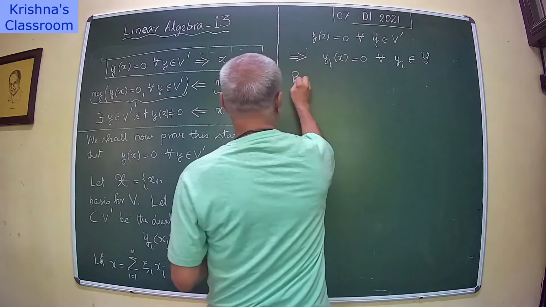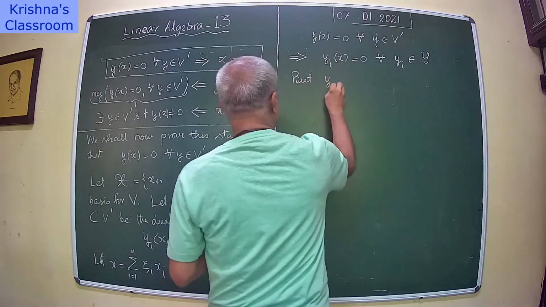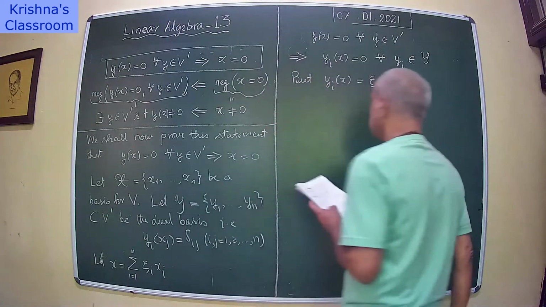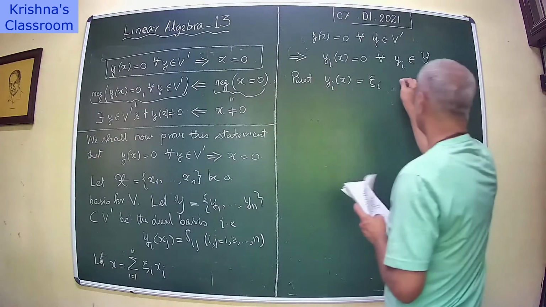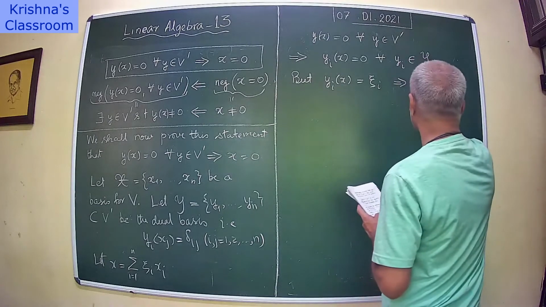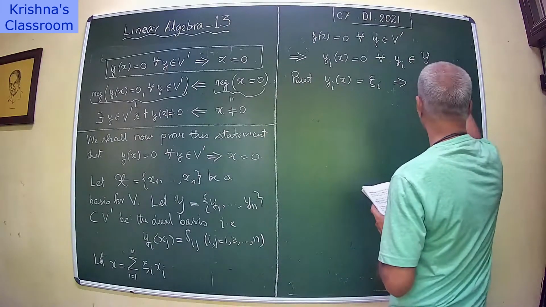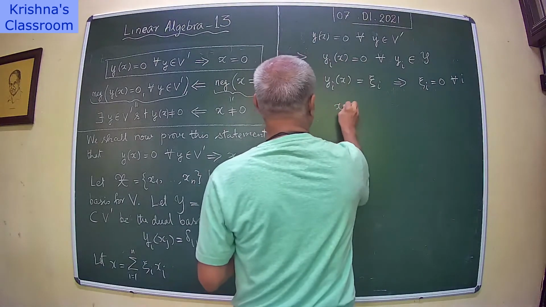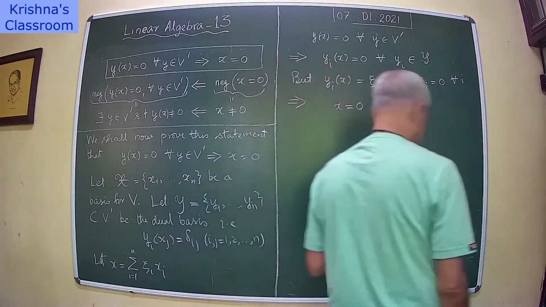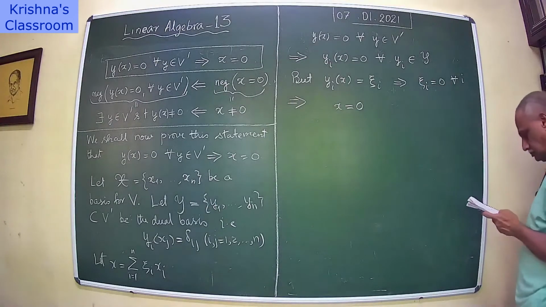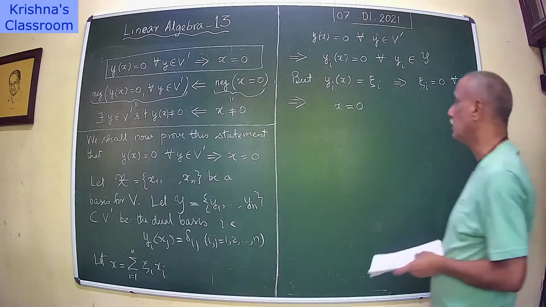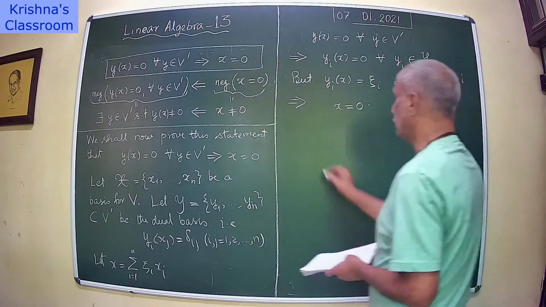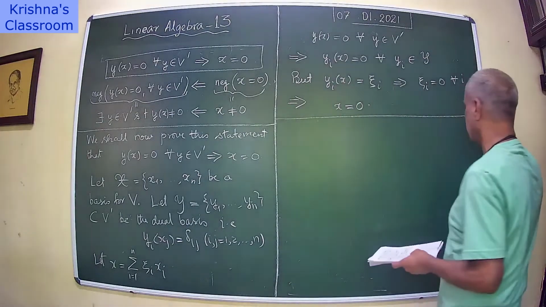But y i x is equal to psi i, which implies psi i equal to 0 for every i, which implies x equal to 0. So that completes the proof of the result.